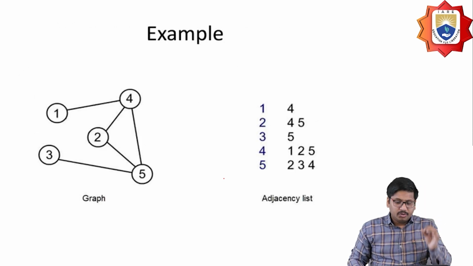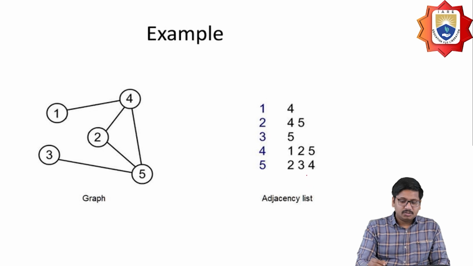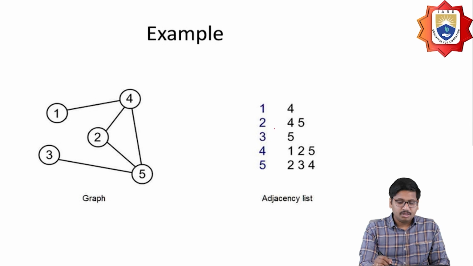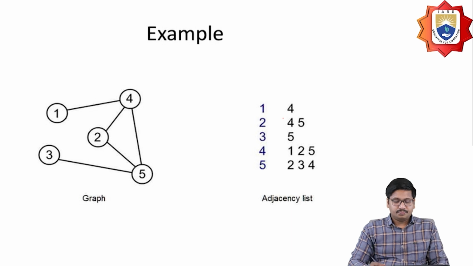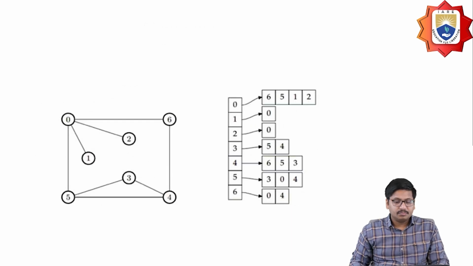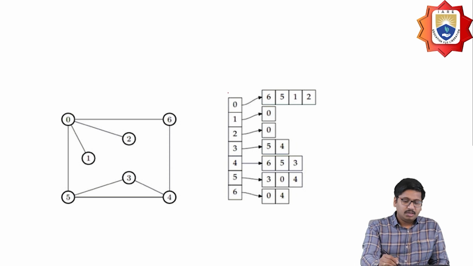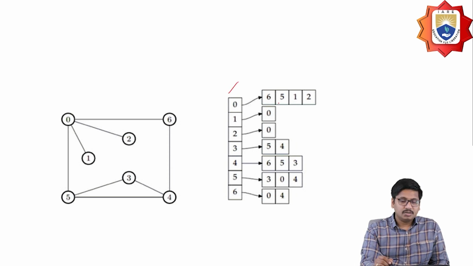So for example, I'm going to consider this. What is the adjacency list here? The adjacency list for 1 is only 4, for 2 it should be 4 and 5, for 4 it should be 2 and 6, and for 3 it should be 3. So in the form of an adjacency list, the vertices are listed, and from that we represent which vertices each one is connected to.